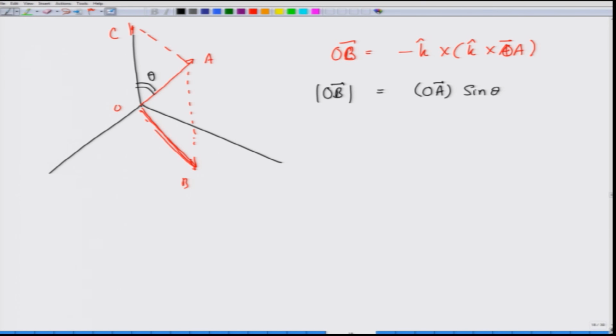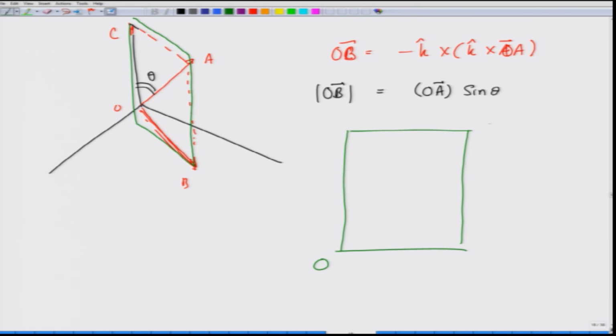Let me explain that a little better. Look at this plane, look at the plane OABC. Let me draw this plane for you. This is my plane O, A, C and B. This is projection OB, this is projection OC.